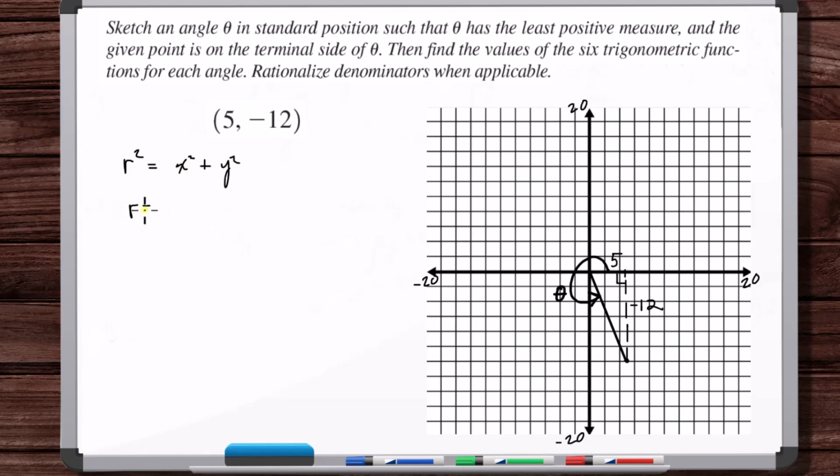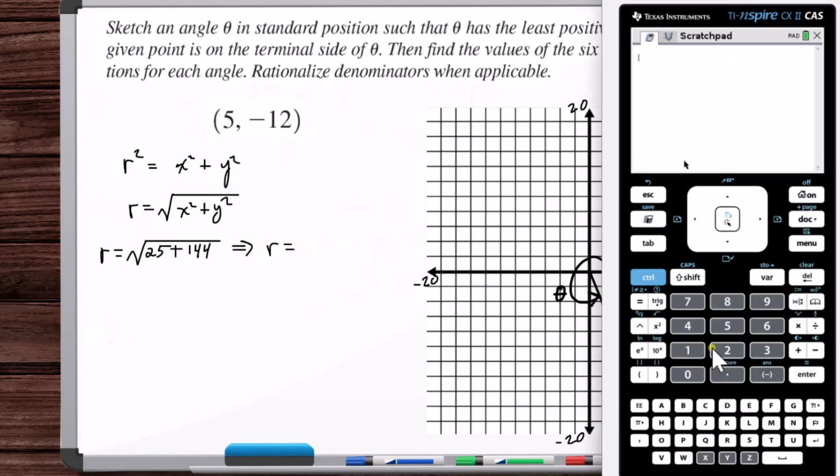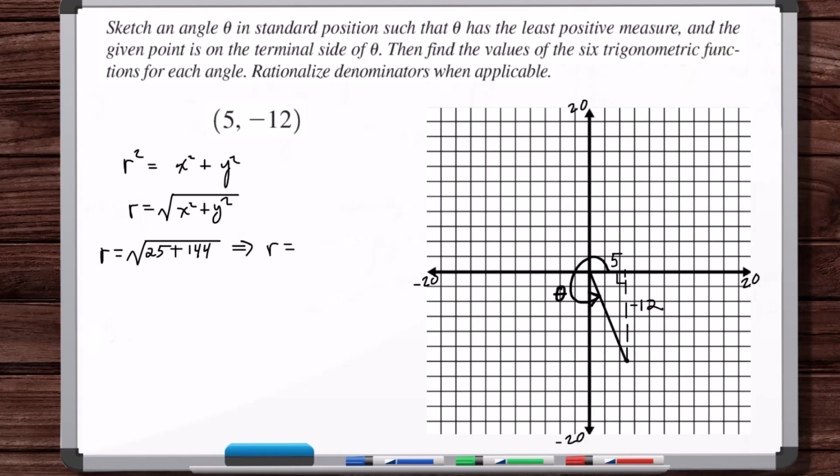So r is equal to the square root of x squared plus y squared. x squared is 25, y squared is 144. 5 squared is 25, 12 squared is 144. So we've got 25 plus 144. Square root of 169 should be 13. So this is 13. And r is always going to be positive.